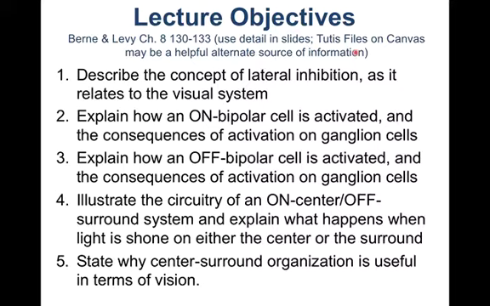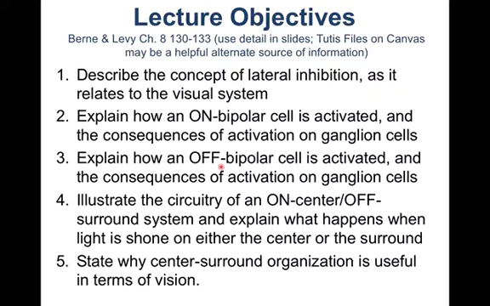We'll start off with lateral inhibition, which we've talked about throughout the course and is certainly relevant here. We'll talk about two different types of bipolar cells, on bipolar cells and off bipolar cells. Throughout the course, I've tried to stress the idea that it's not about the neurotransmitter, it's about the receptor.